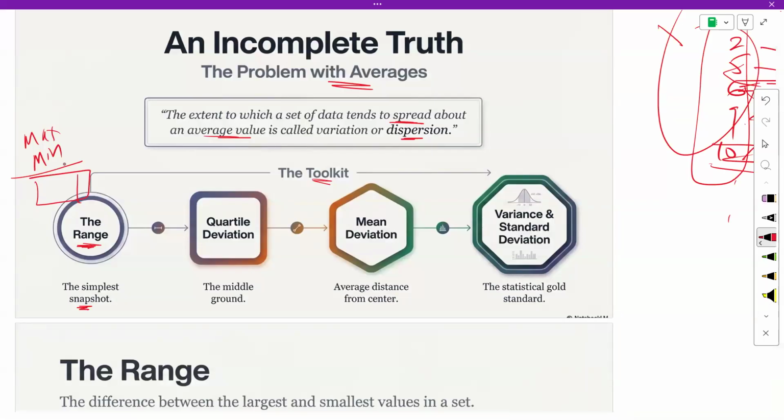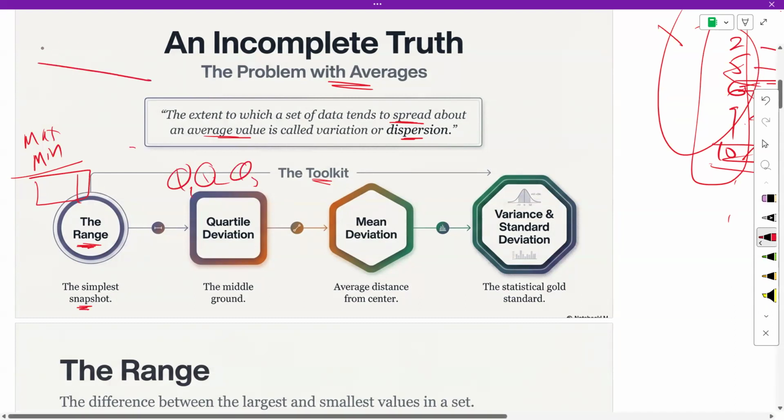Quartile deviation. We already discussed Q1, Q2, Q3. Quartile and deviation, we take, right? This is a line. This is median Q2, and this is Q1. This is Q3.